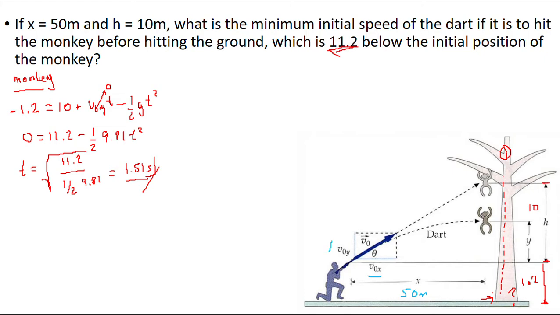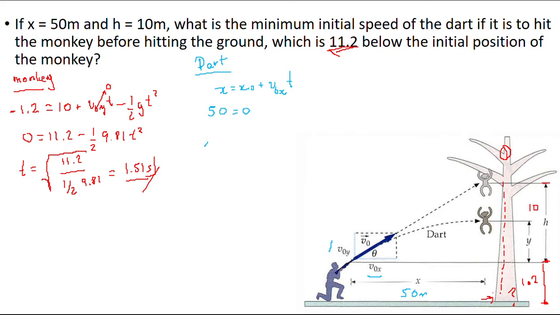That comes from the formula for x, so let's start writing here for the dart. For the dart, we have x equals x0 plus the velocity in x times t. The initial position is going to be 0. The final position is gonna be 50.